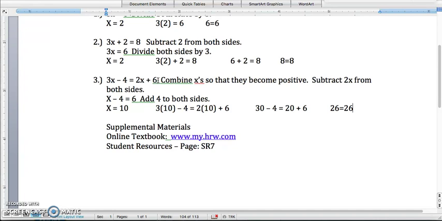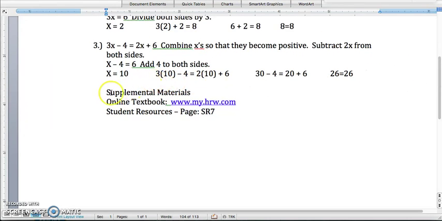These are 3 great reminders for how to solve simple 1-step, 2-step, and multi-step equations, which we'll use further in our geometry course. For students to practice further, I would suggest looking down below at our supplemental materials. For our online textbook, log on to your textbook and look at the student resources on page SR7.